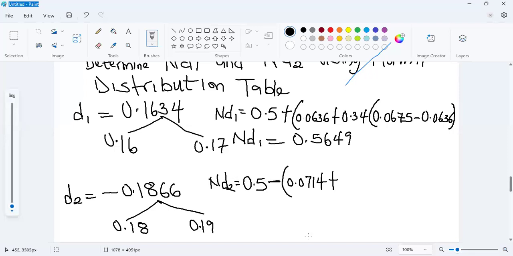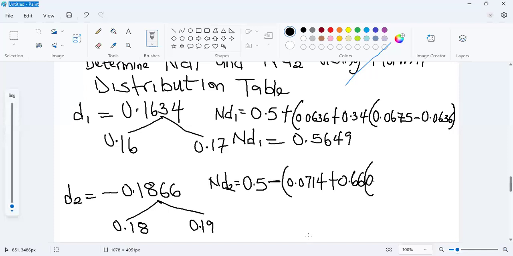That becomes plus 0.66. Open another bracket.